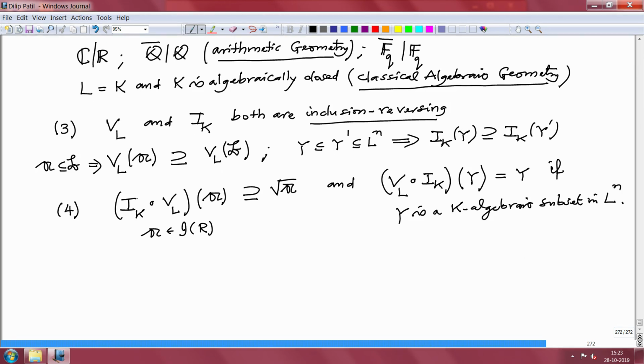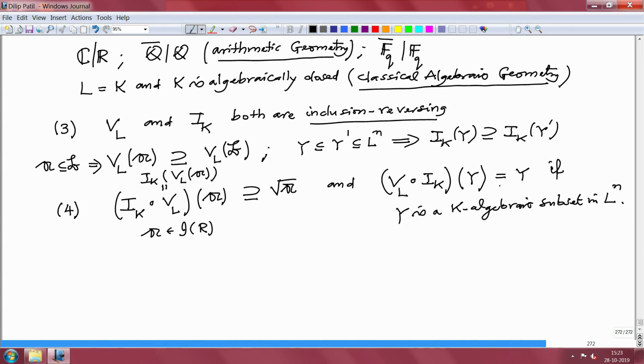So this side, remember this side is I_K of V_L of A, and if you want to check which polynomial should belong here, we have to check that it should vanish on everybody here. That is the definition of I. So if a polynomial is here, the power is in the ideal A, but that power will then vanish for everybody here, because that is the definition of V_L, and therefore that polynomial will also vanish, so therefore that polynomial will belong to the I_K.